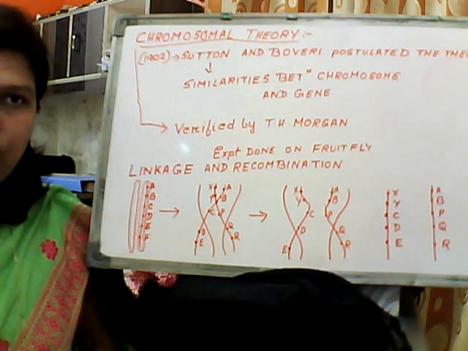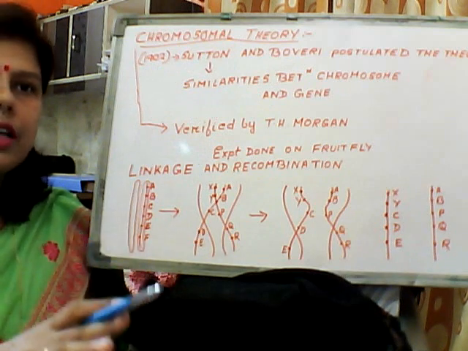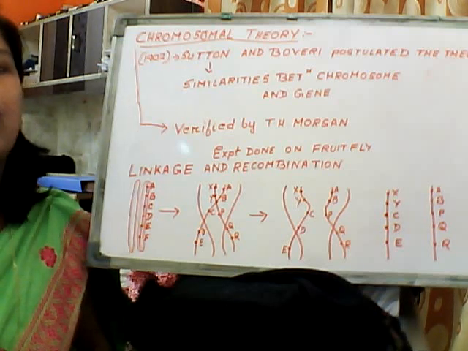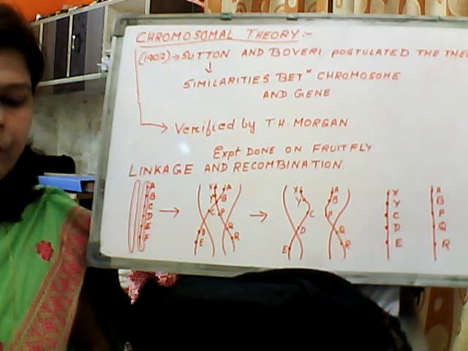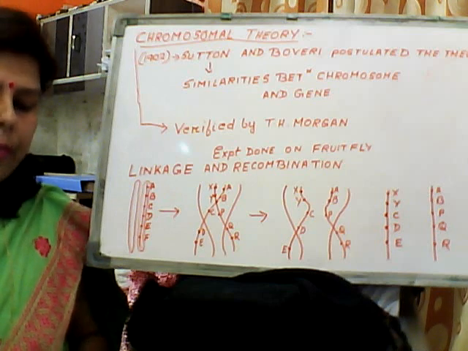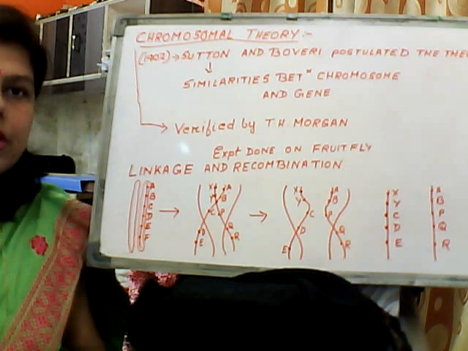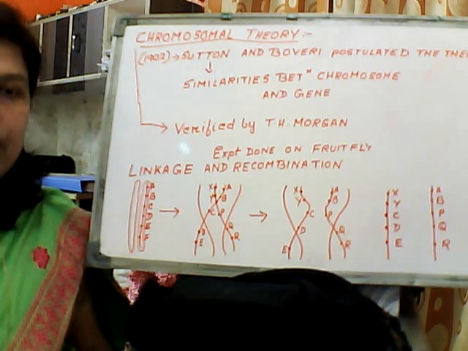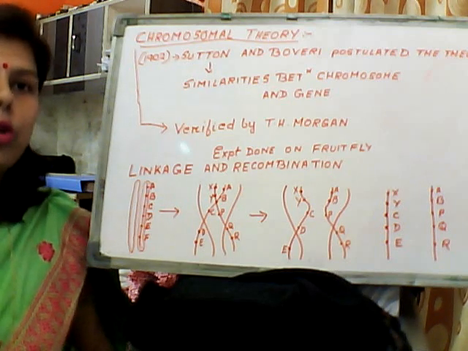Already children, you all have some idea. Chromosome, no doubt, is a hereditary material. Similarly, gene is also a hereditary material. Within the chromosomes, it is said that genes are located linearly.